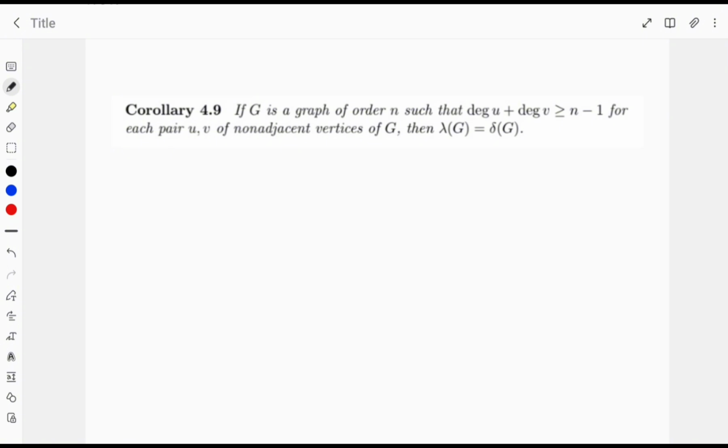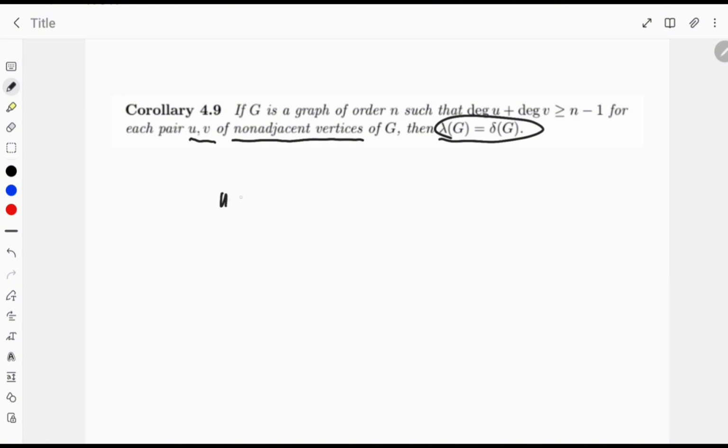And lastly, we have corollary 4.9, which states if G is a graph of order n such that the degree of U plus degree of V is greater than or equal to n minus 1 for each pair U and V of non-adjacent vertices of G, then we have this inequality.